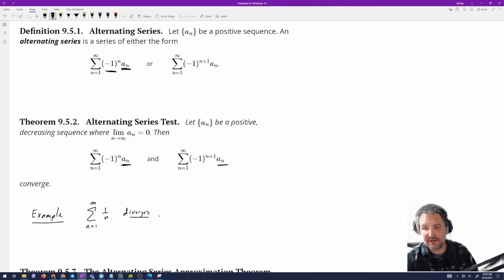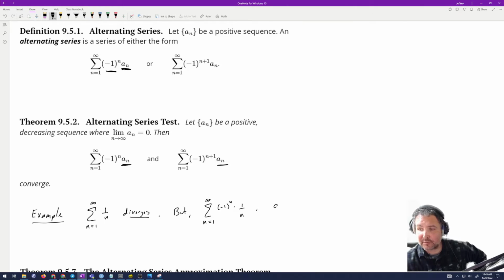But what this says is if we were to look at the series n goes from 1 to infinity of -1 to the n times 1 over n, then we have this positive part, an is 1 over n. It goes to 0 as n goes to infinity.